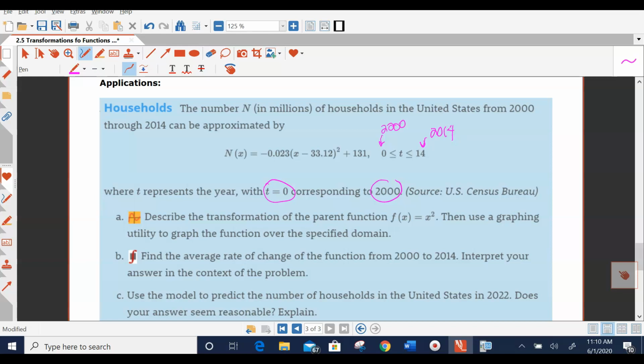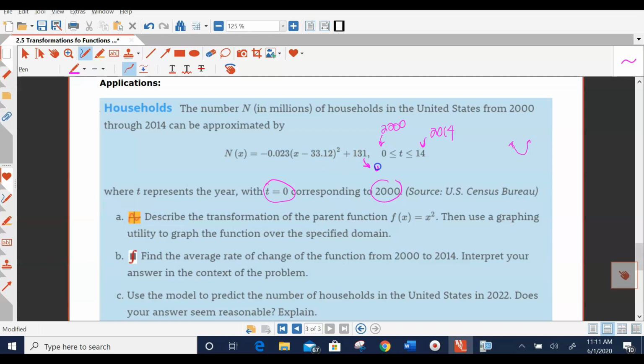So the first thing we want to do is describe the transformation. Well, I know the square means it's a parabola, and the positive 131 on the end means that parabola is moved up 131 units. The negative 33.12 on the inside means it's moving to the right 33.12 units.